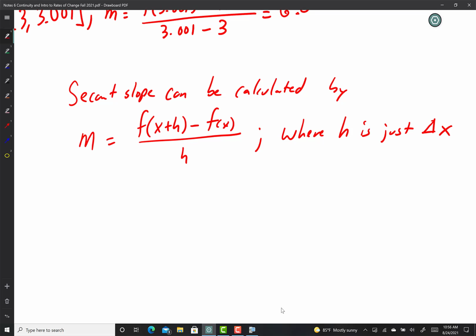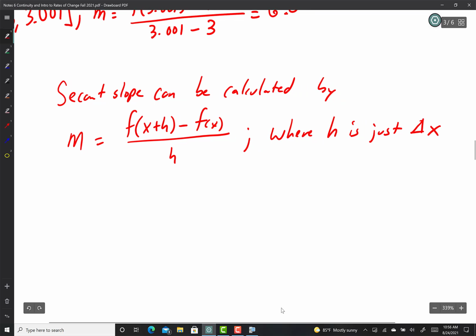It's just how much you've moved. Wow, I can't believe for an entire year we've been doing that and we didn't know what it was. We're good, guys.